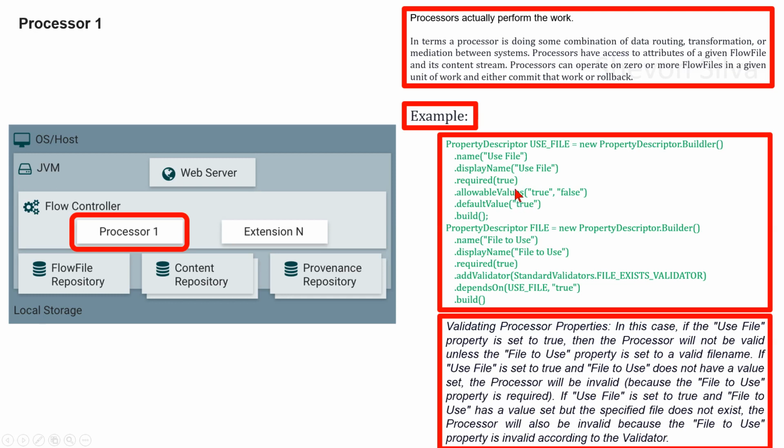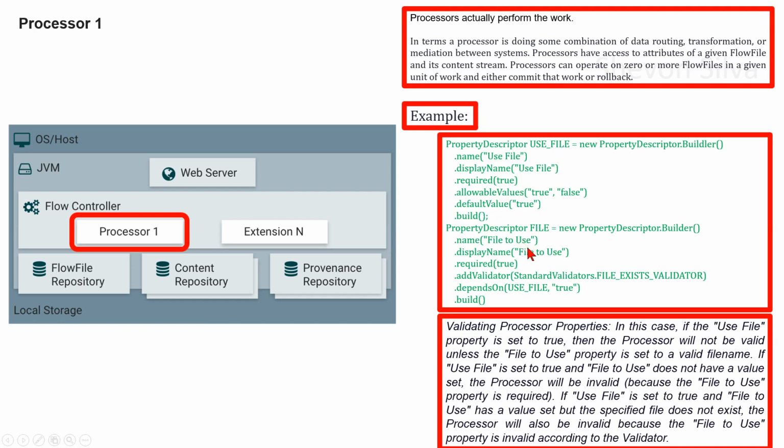Therefore, if Use File is set to false and File To Use has no value set, the processor will still be valid even though File To Use is required.